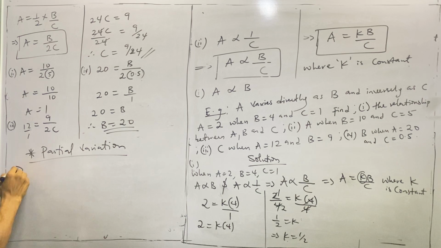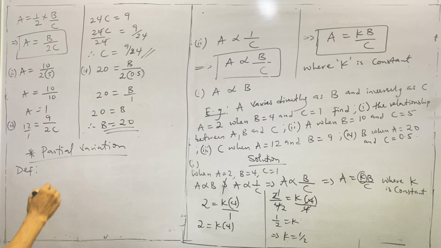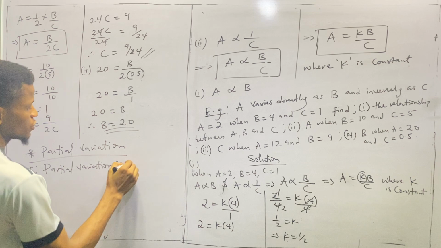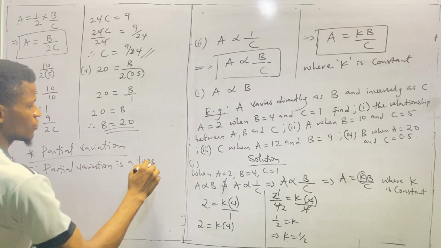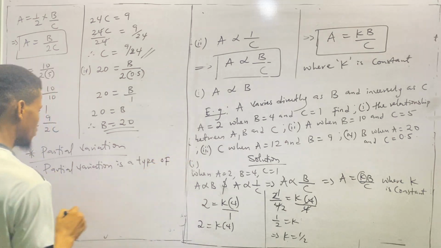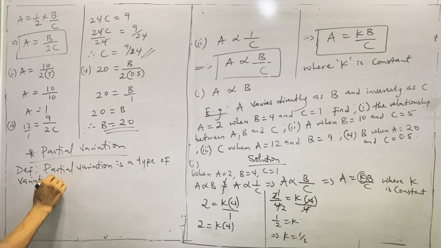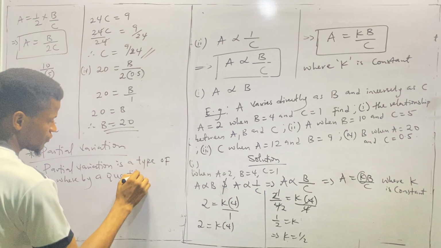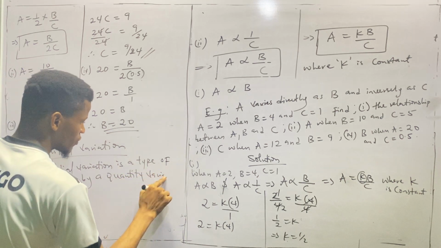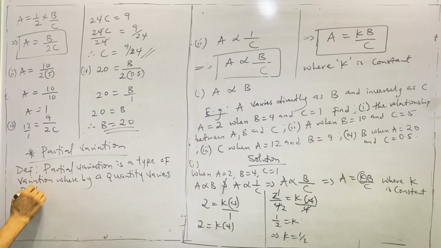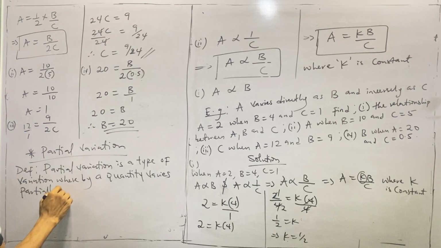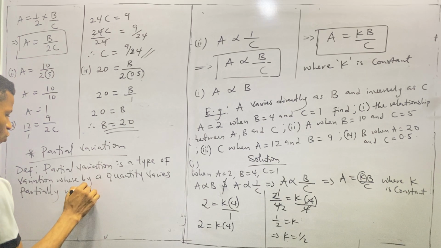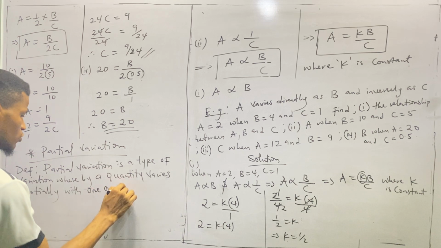Definition: partial variation is a type of variation whereby a quantity varies partially with one or more quantities.